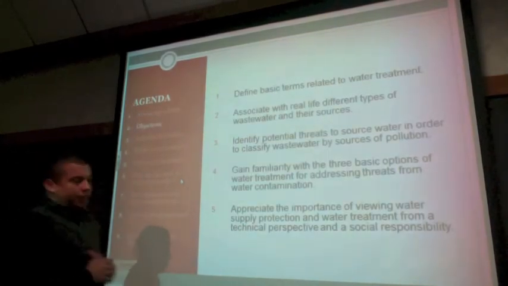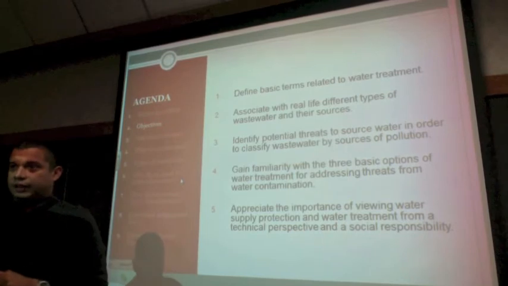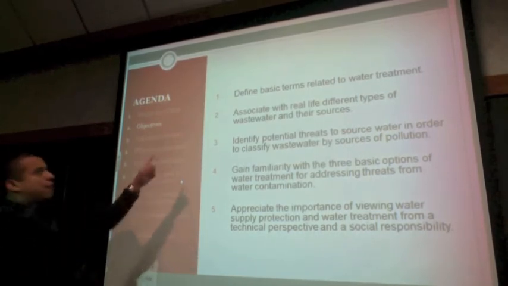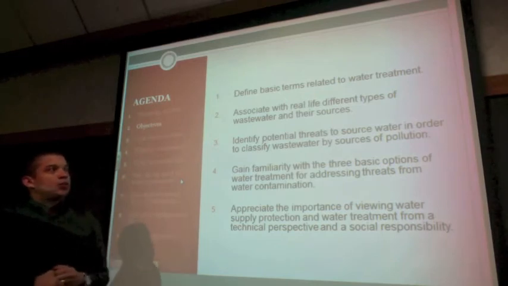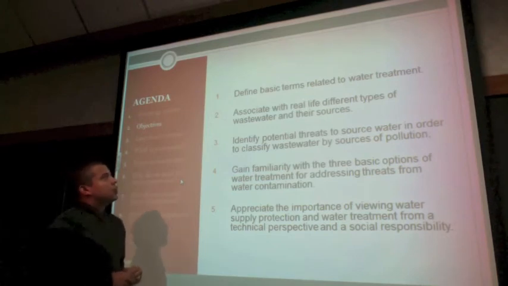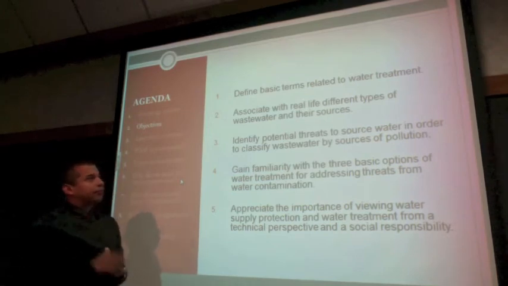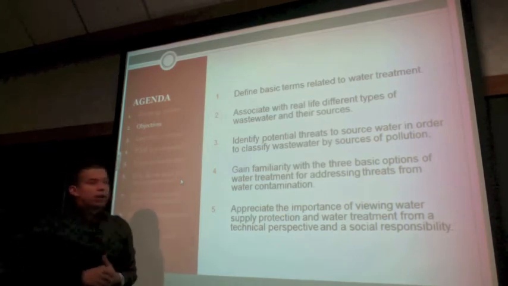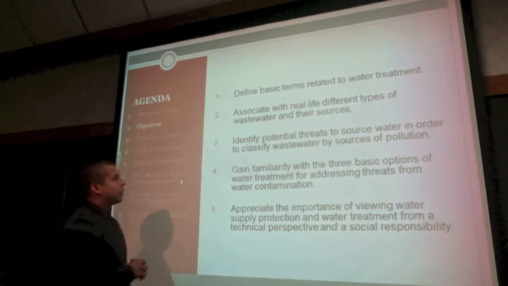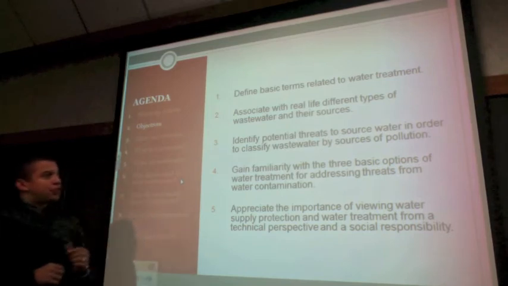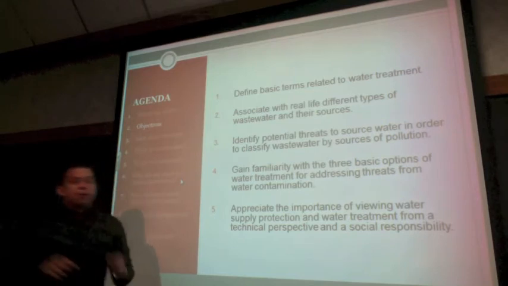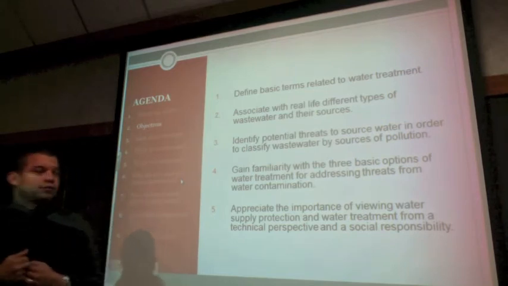Well, the objectives for this class. At the end of this class, you guys are going to be able to define basic terms related to water treatment. Number 2, associate with real life different types of wastewater and their sources. Number 3, identify potential threats to source water in order to classify wastewater by sources of pollution.